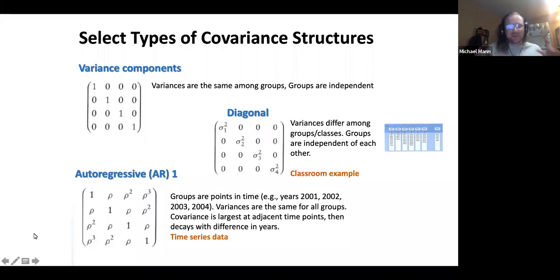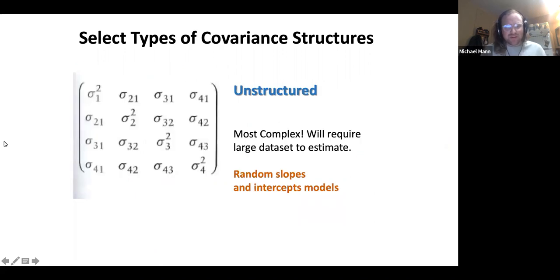So by building these matrices, it's like the mathematical equations for the assumptions we have for the model. So it's important to understand, at least on a basic level, what we're building. You can also build even more complex structures.